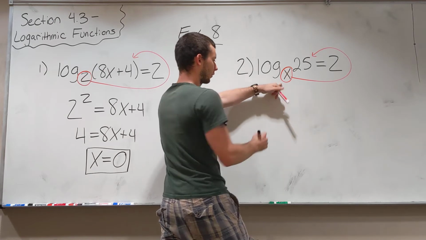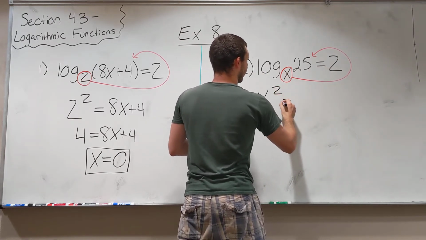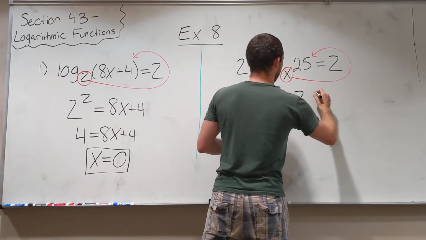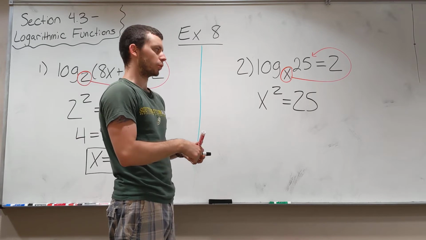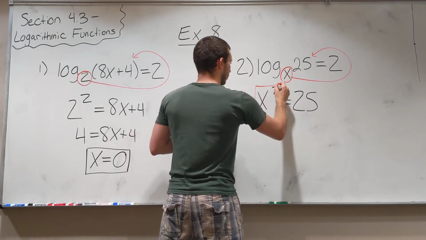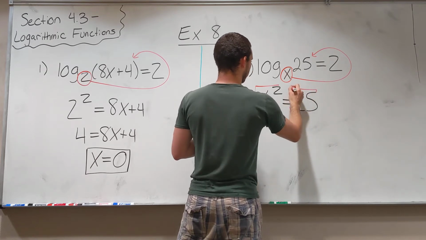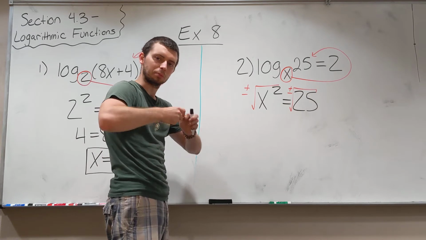And that tells us x to the second power is equal to 25. Just like that. And now we can solve from here, which would require us to square root both sides, which requires a plus or minus.